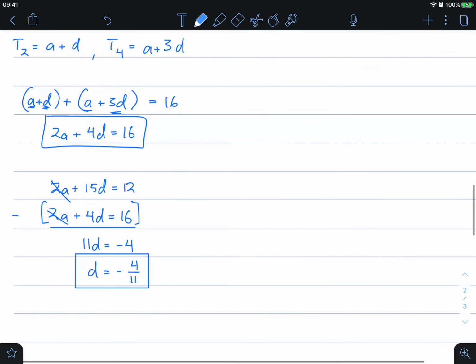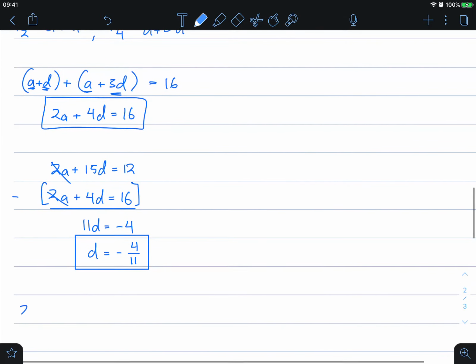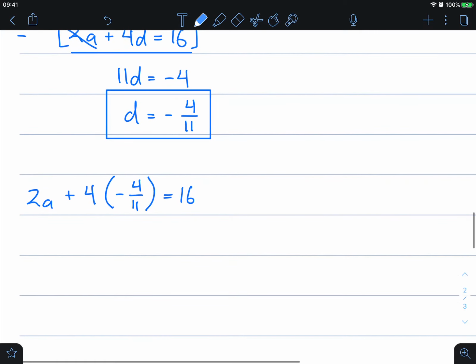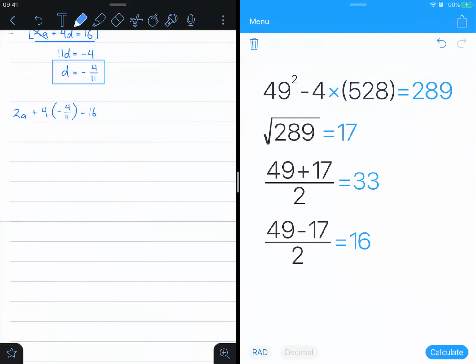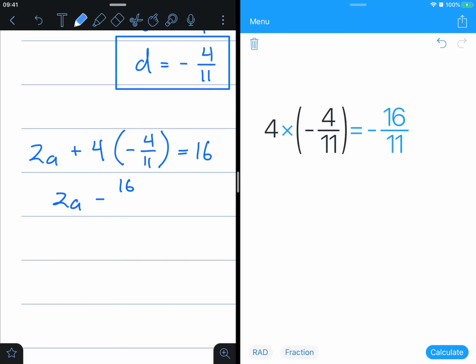Substituting this back into either one of the expressions, I'll just pick this one because why not? We get 2a plus 4 times d, which is now negative 4 over 11, should equal 16. Calculating this, 4 times negative 4 over 11, we get 2a minus 16 on 11 equals 16.